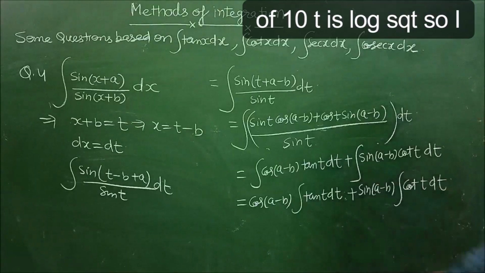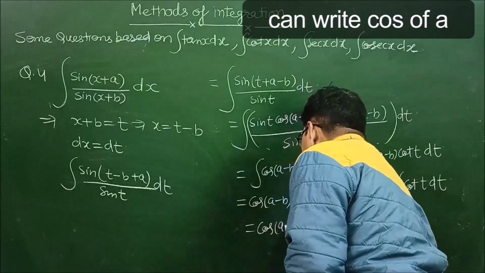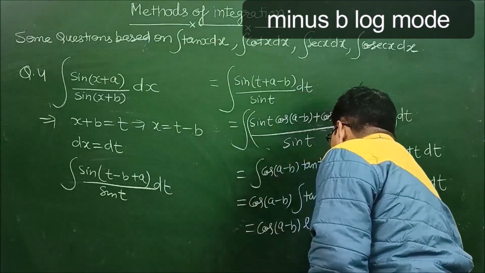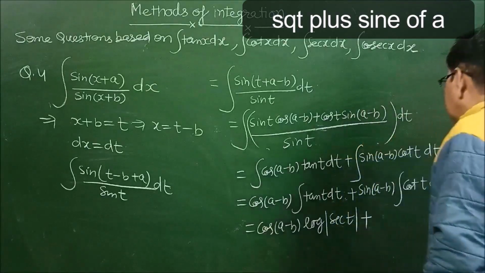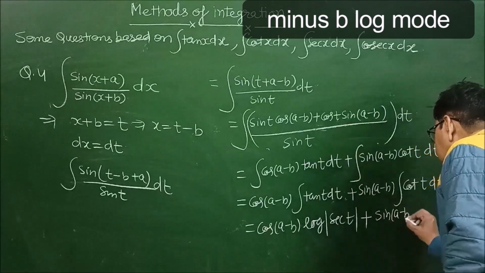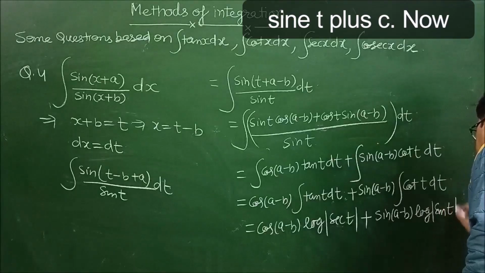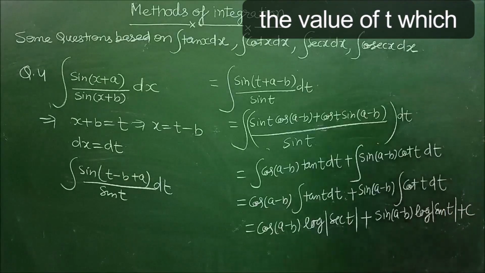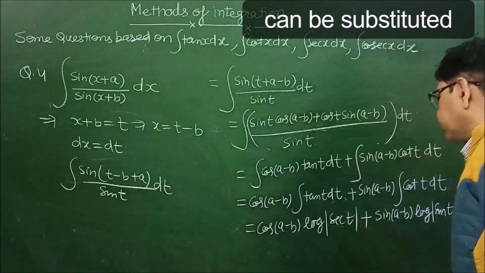Now integration of tan t is log sec t, so I can write cos(a minus b) log mod sec t plus sin(a minus b) log mod sin t plus c. Now the value of t, which is equal to x plus b, can be substituted here.